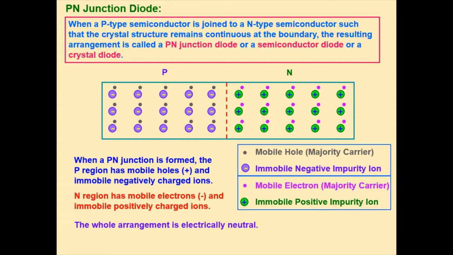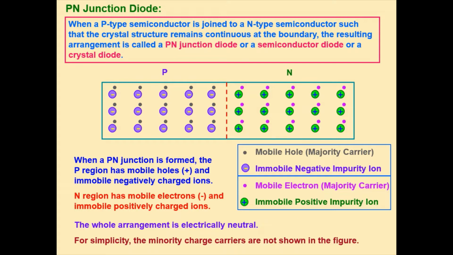So impurity atoms are also electrically neutral, and the semiconductor crystal is also neutral. Therefore the whole arrangement is electrically neutral. In this diagram the minority charge carriers are not shown. This is just for simplification purposes.